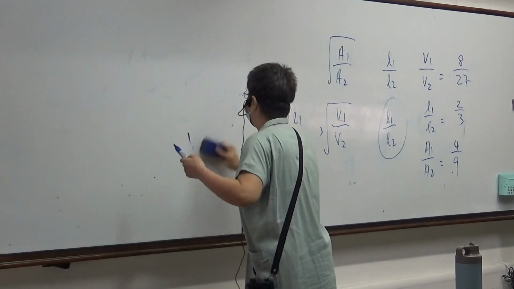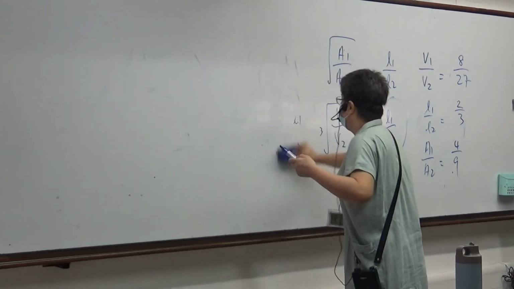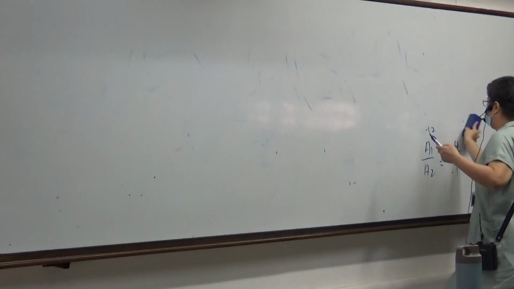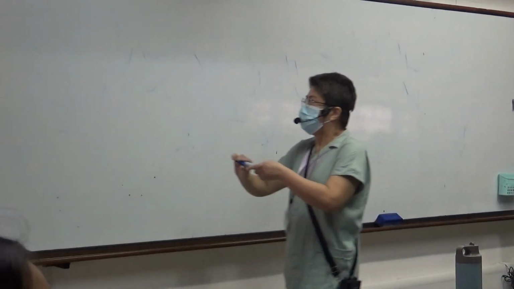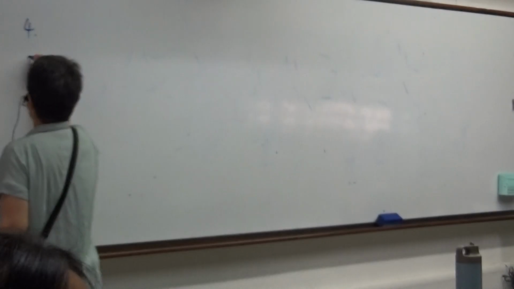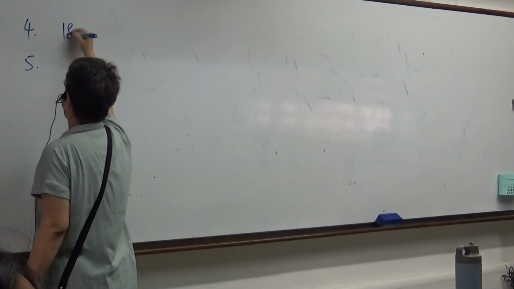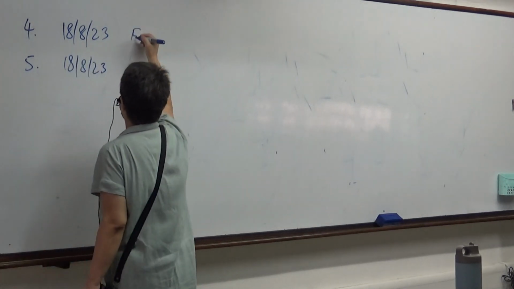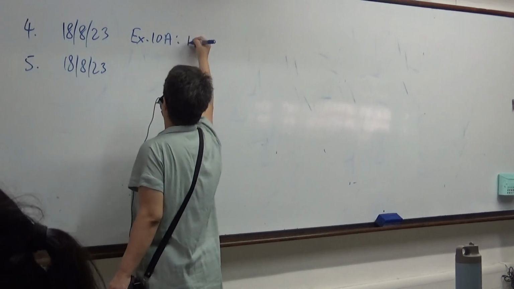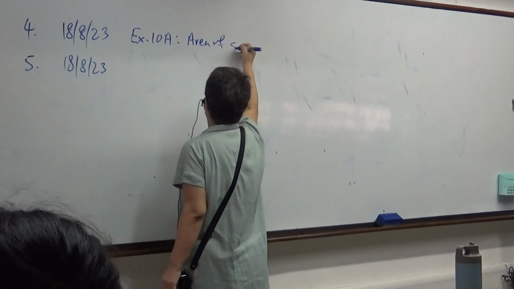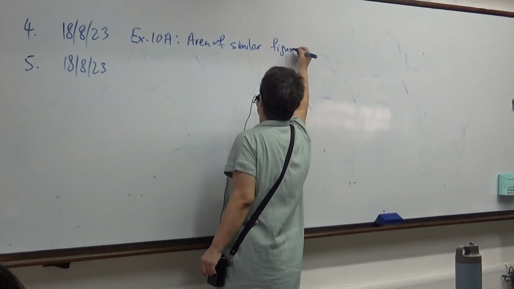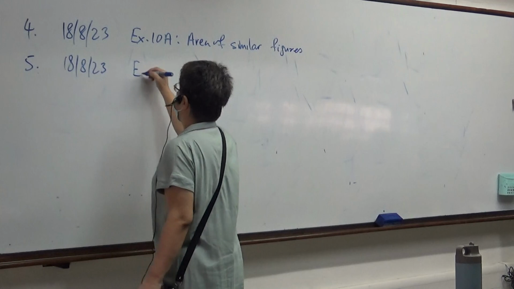What is the number on the content page now? I will write the 3 sets on the board, don't worry. 4, 5, 6. Now I write 4. Today's date is the 18th. Exercise 10A, area of similar figures.